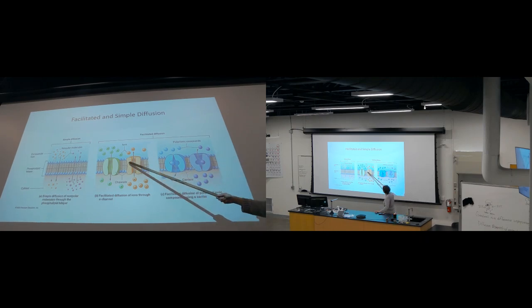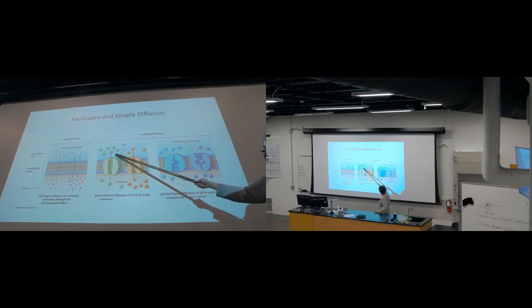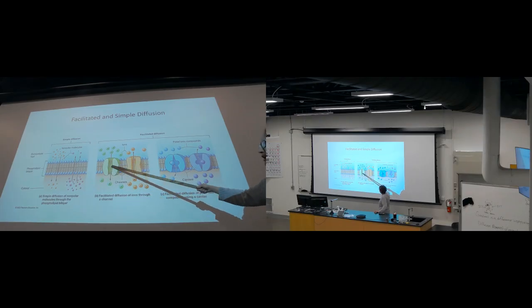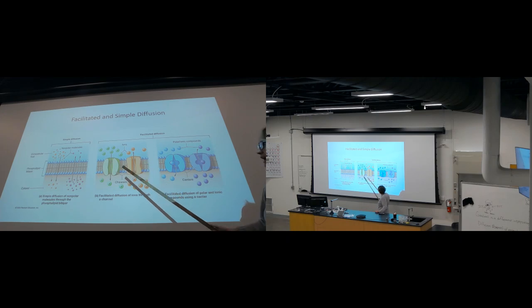And in this case, this will be facilitated diffusion of ions through a channel. So in this case, we have positively charged molecules and positively charged molecules. But these channels are specific not only in charge, but also in size and maybe in shape, three-dimensional shape.